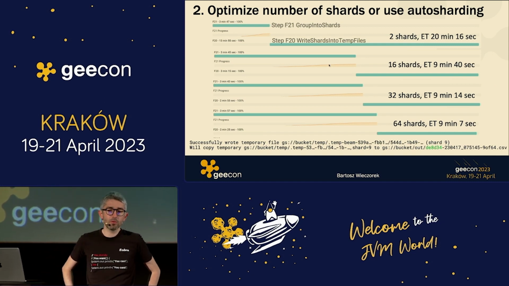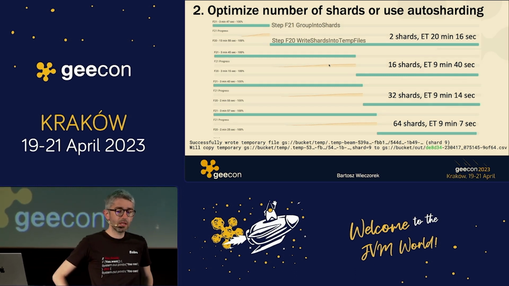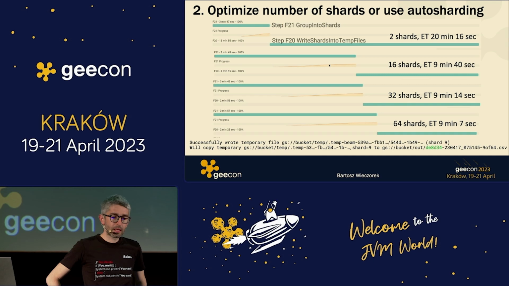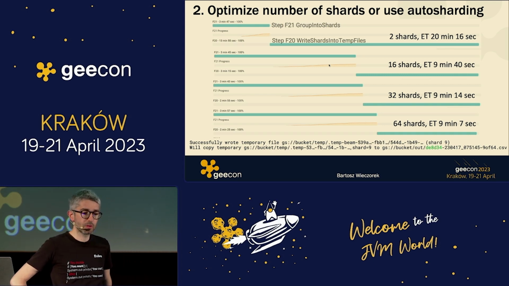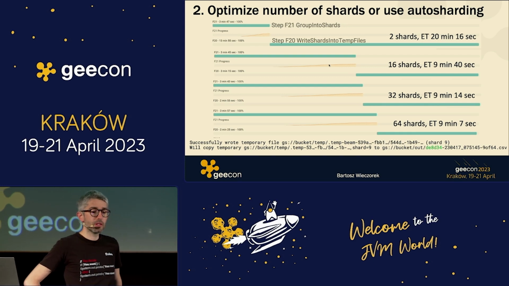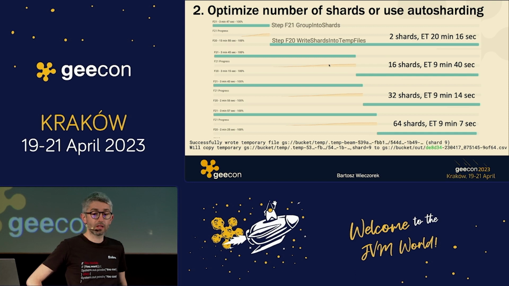Obviously, having too few shards can keep the group-into-shard stage small, but really the step of writing the temporary files to GCS will take long.